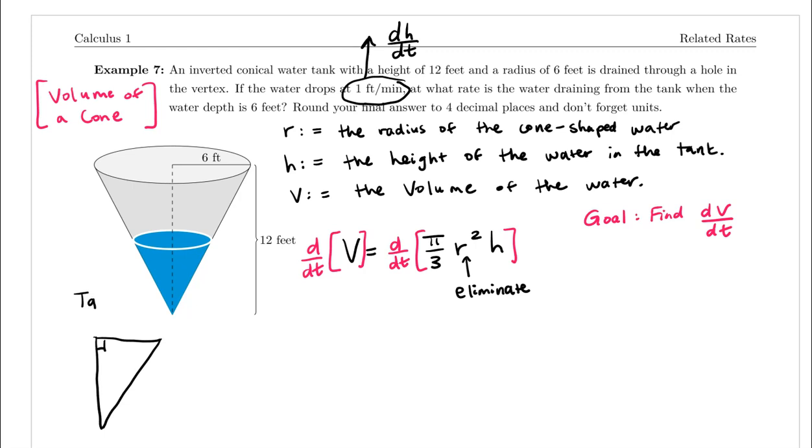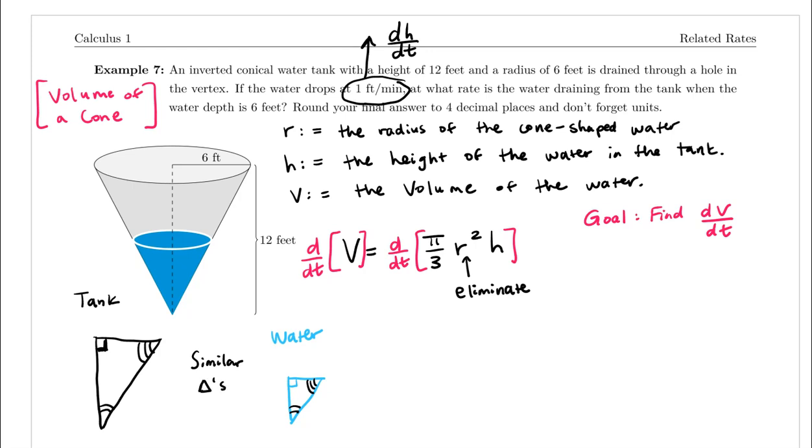So my 2D picture here, this is my water tank, and then notice that if I draw the two-dimensional half version of the water, these are similar triangles because this angle right here is the same as this angle right here, and then they both have a right angle. That means that the third angle would have to be the same, and this means that these two triangles are similar triangles.